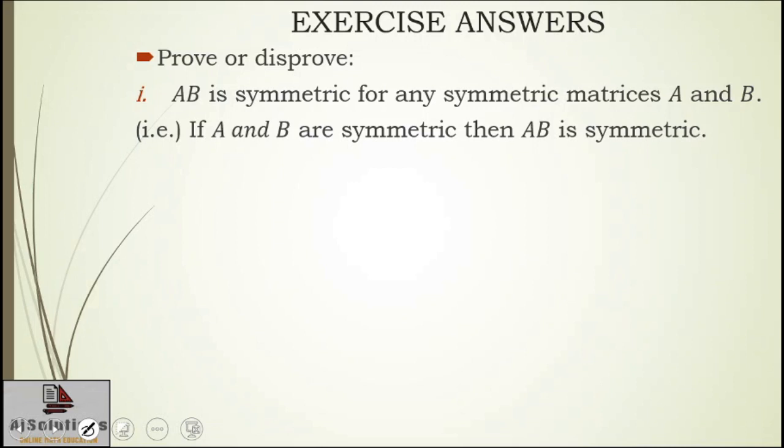That is the thing which will give you a counter example. So how to produce that counter example? We are going to take two symmetric matrices A and B such that AB is not the same as BA. Okay, so let's begin with the solution.